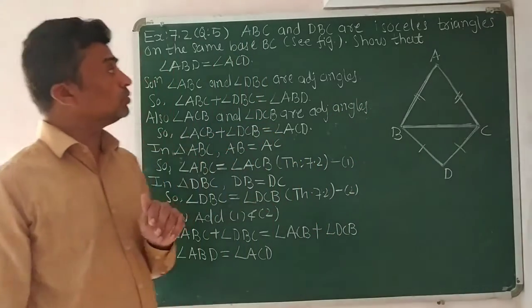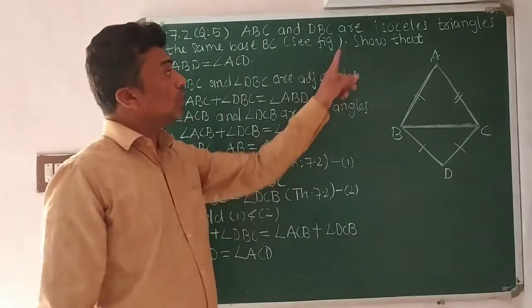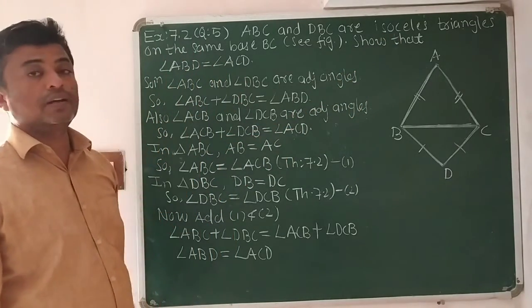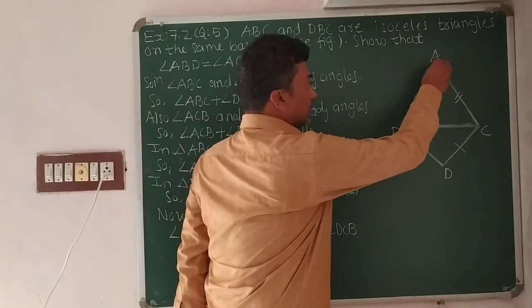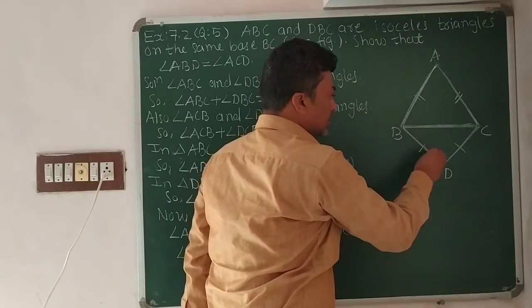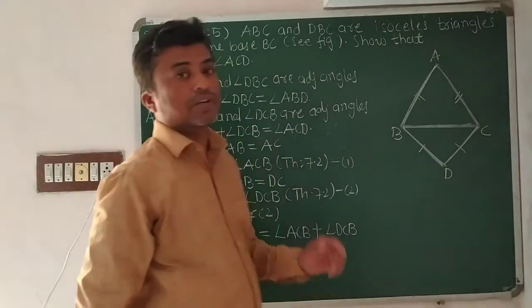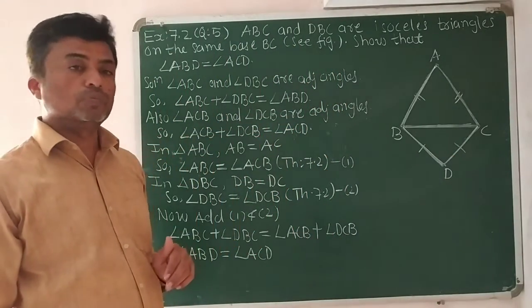And what we have to prove? We have to show that angle ABD is equal to angle ACD. These both angles are equal, that we have to prove.